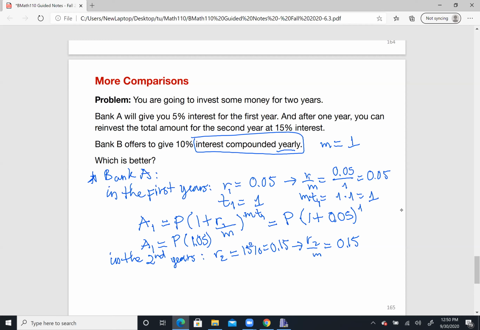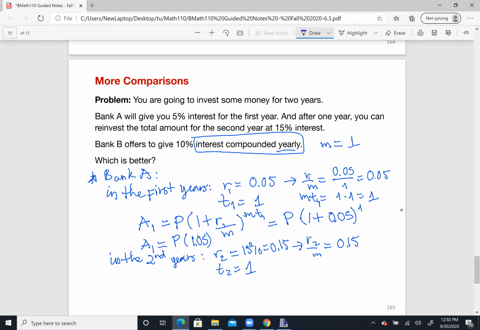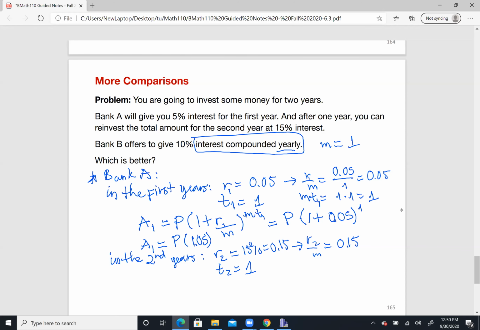But what about T2? T2 is still, remember that this is in the second year. So that means only one year. T2 is not equal to 2. T2 still equal to 1, because it's count only 1 year after the first year, right?